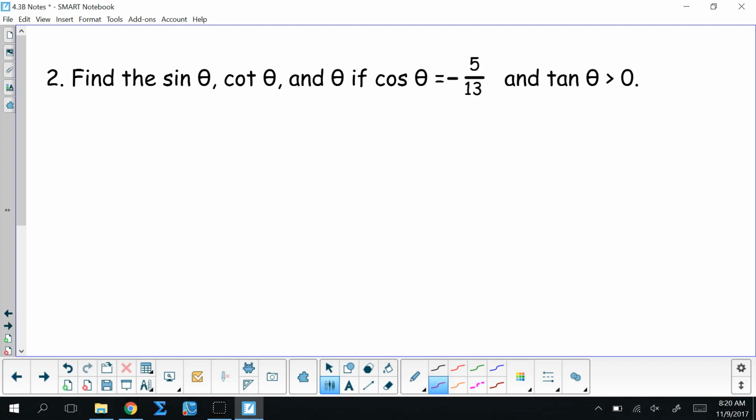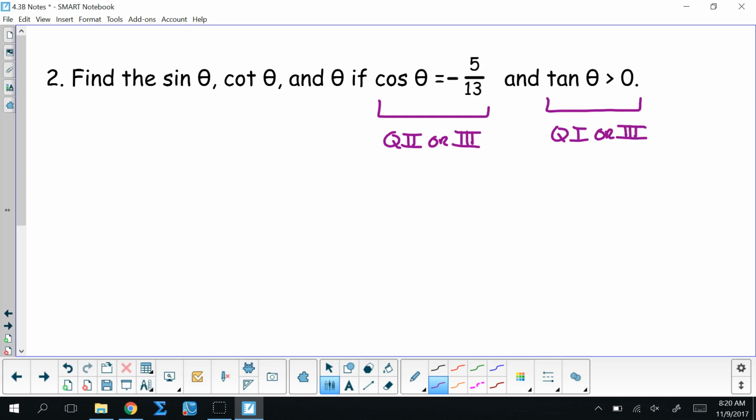So this tells me that I am in quadrant 2 or 3, right? Because that's where cosine is negative. Left side of my unit circle. Tangent being positive tells me that I'm in quadrant 1 or 3.